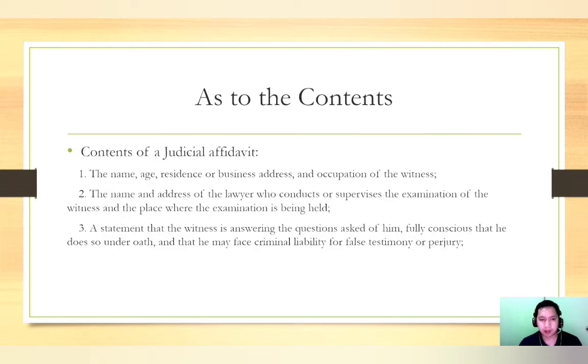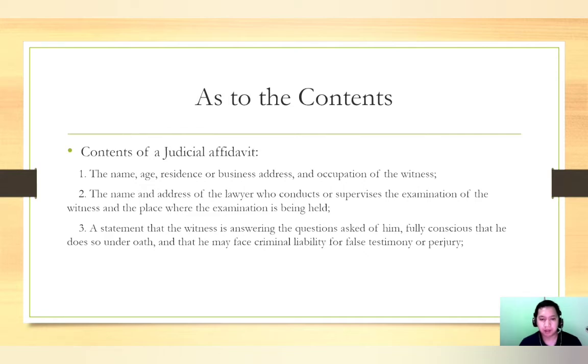With respect to a judicial affidavit, the following are its contents: the name, age, residence or business address, and occupation of the witness. The second one, the name and address of the lawyer who conducts or supervises the examination of the witness in the place where the examination is being held.